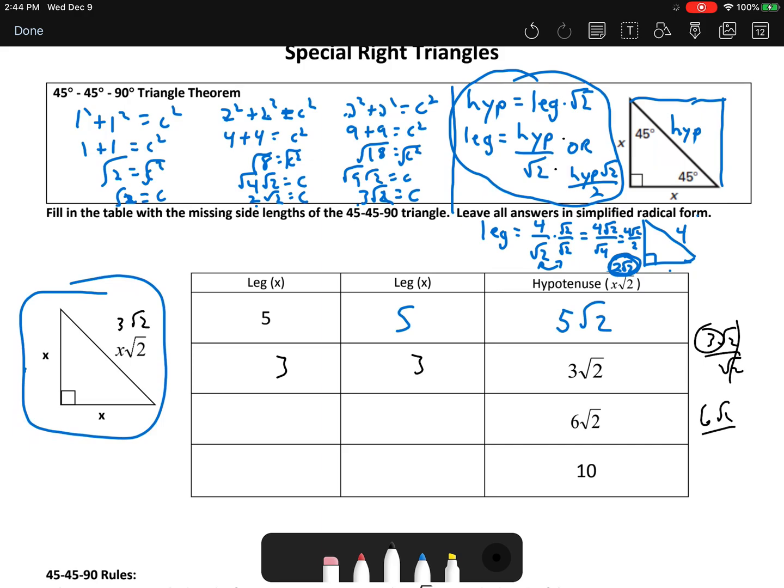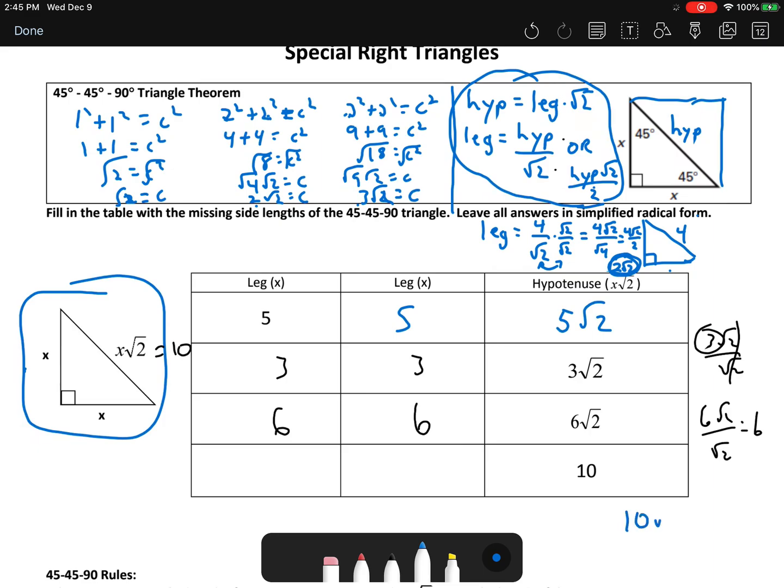What about 6 radical 2? Well, we divide by radical 2, we get 6. That makes sense. Now, this is where we have to use this little cheat formula up there. The hypotenuse is 10. You see that? So now we can go to this formula that we created, the hypotenuse times radical 2 divided by 2.